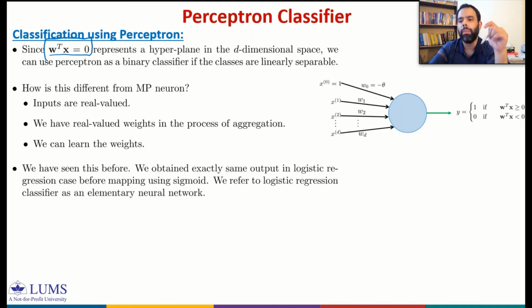So we have seen this before. Perceptron classifier is exactly the same output that we had for the case of logistic regression. And due to this, the logistic regression classifier is referred to as an elementary neural network. So perceptron is the simplest neural network, right? So logistic regression is also referred to as an elementary neural network.